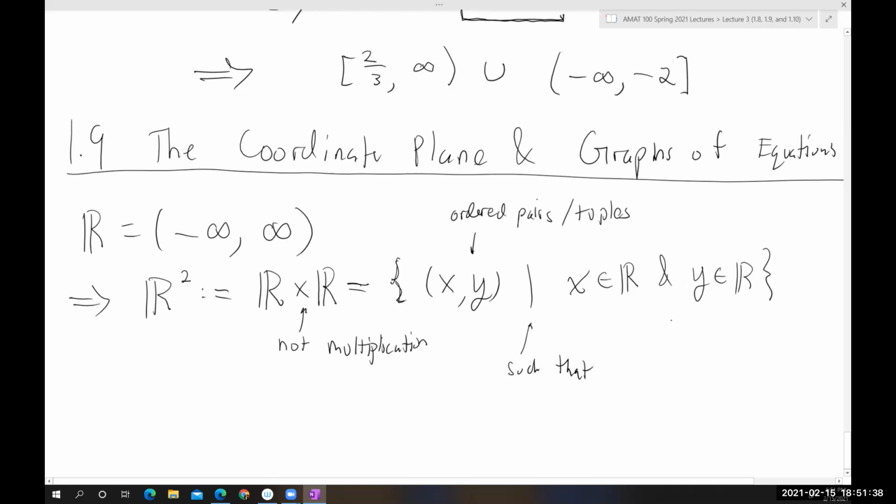So in this case, don't think union or intersection. There's no intersection going on here. We're just expressing the fact that x and y have to be real numbers. So again, R squared is defined to be the set R cross R, which itself is defined to be the set of all ordered pairs or tuples x, y, where x and y are real numbers.